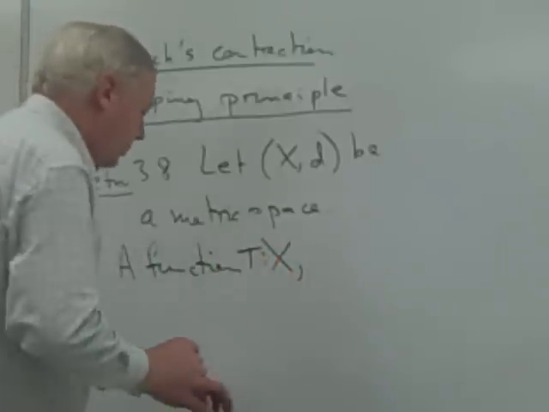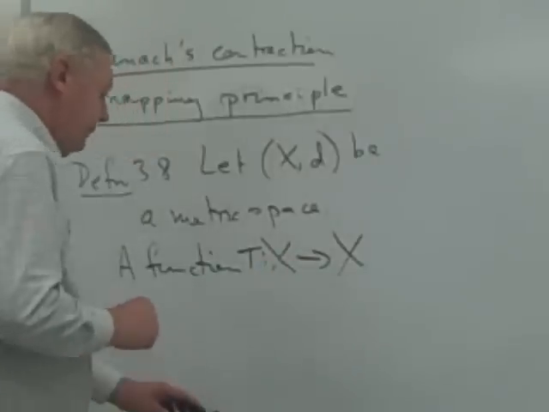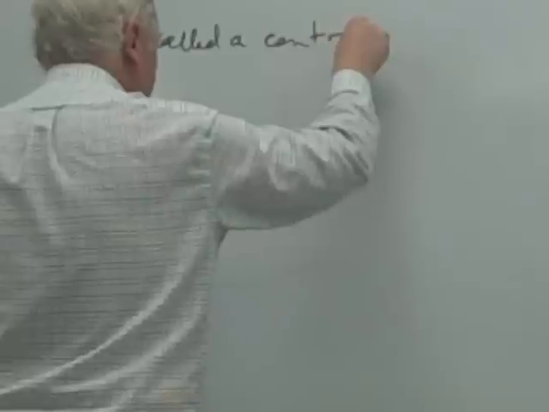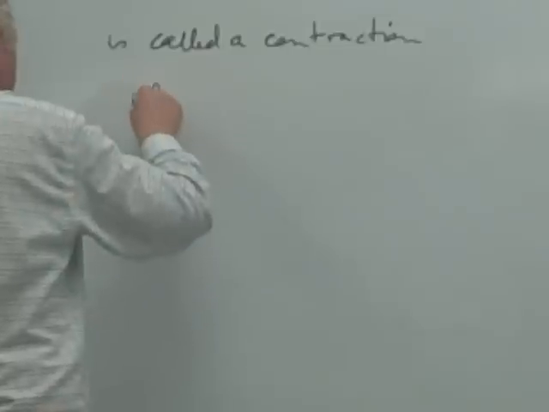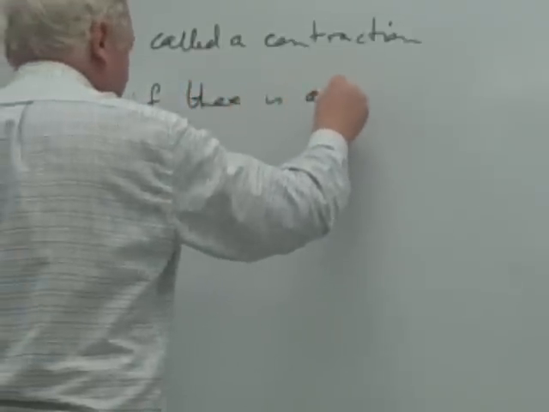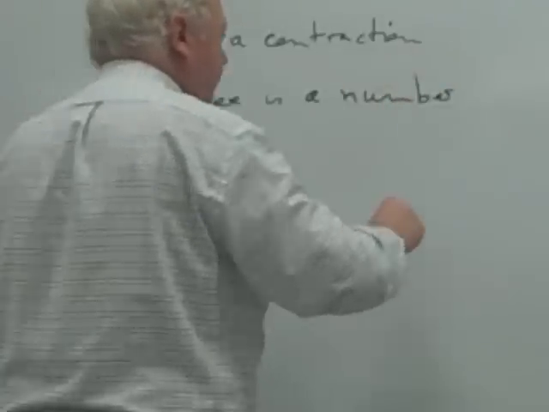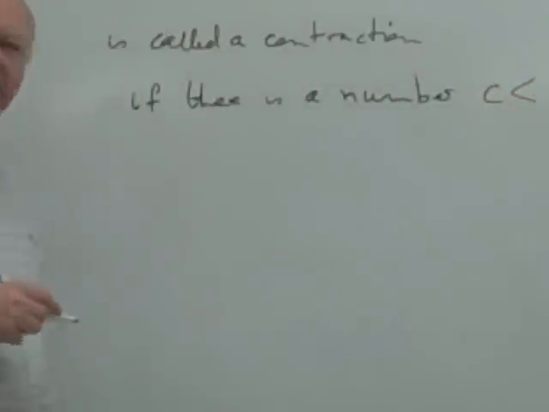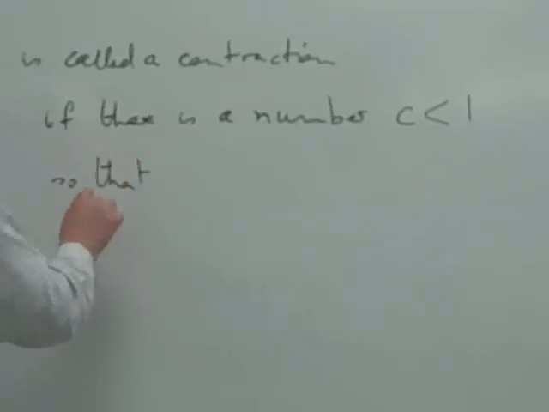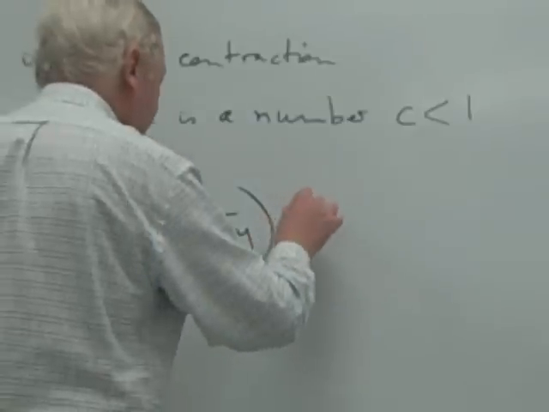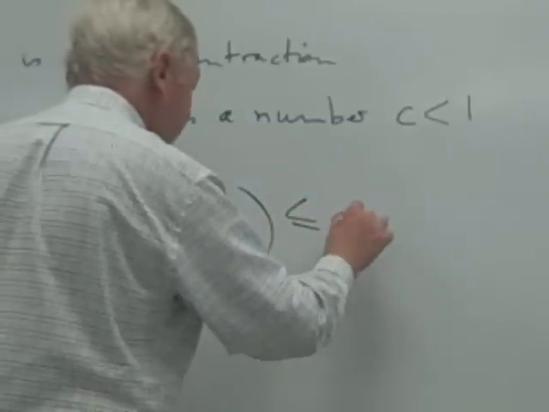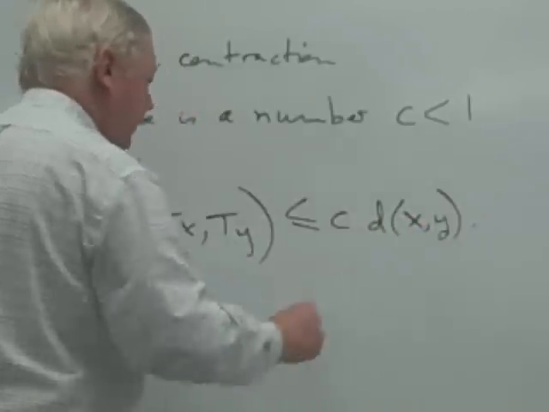A function T from X to X is called a contraction if there is some number c less than 1, and that's important, strictly less than 1, so that the distance between Tx and Ty is less than or equal to c times the distance from x to y.